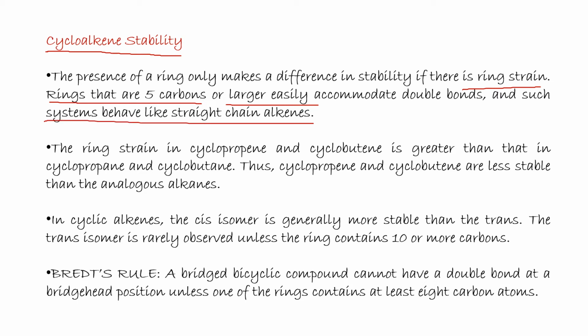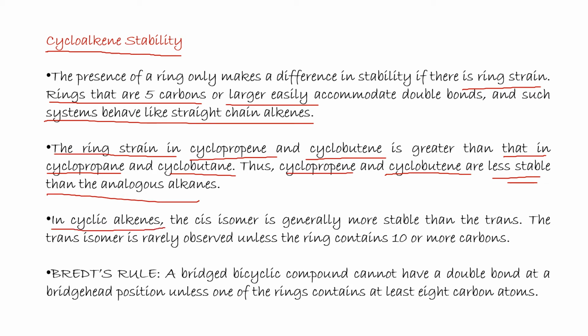There is no ring strain. The ring strain in cyclopropene and cyclobutene is greater than that in the cyclopropane and cyclobutane. Thus, cyclopropene and cyclobutene are less stable than the analogous alkane.